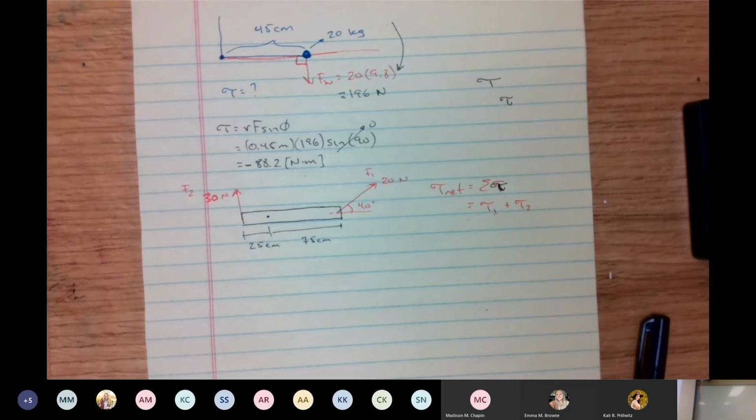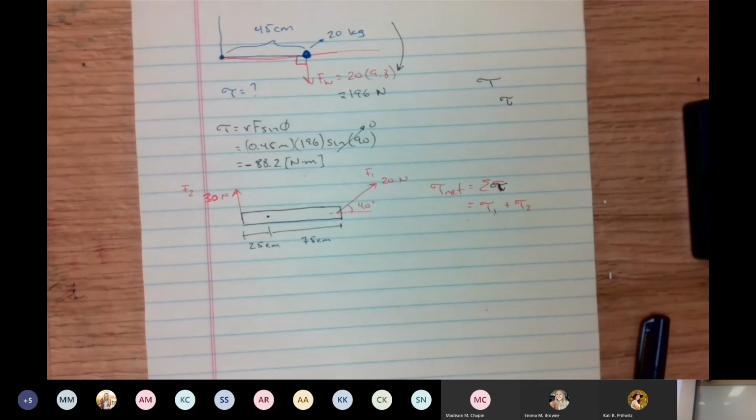So the radius is always going to be the distance from your pivot point to wherever your force is. So remember to work with meters. And remember also that they have sign, so it can be positive or negative.